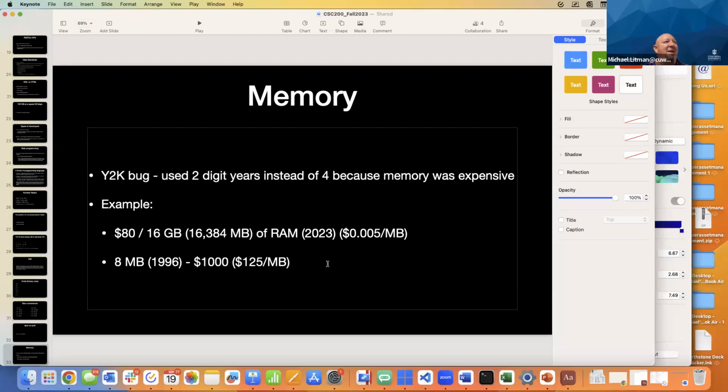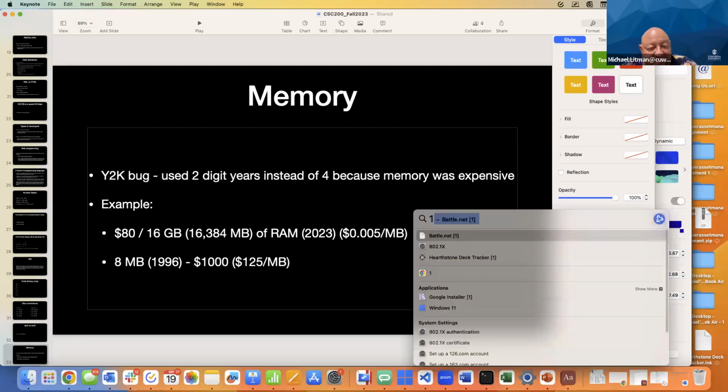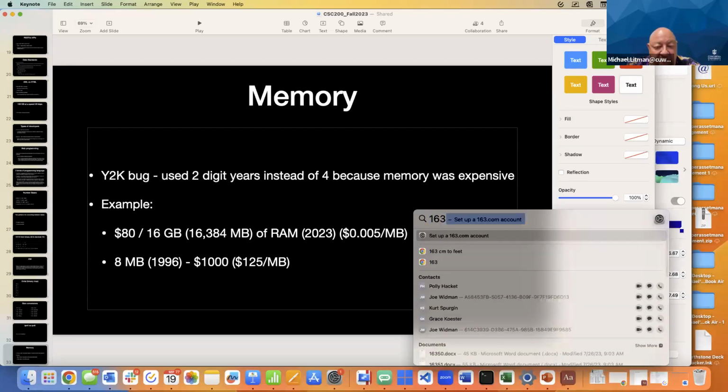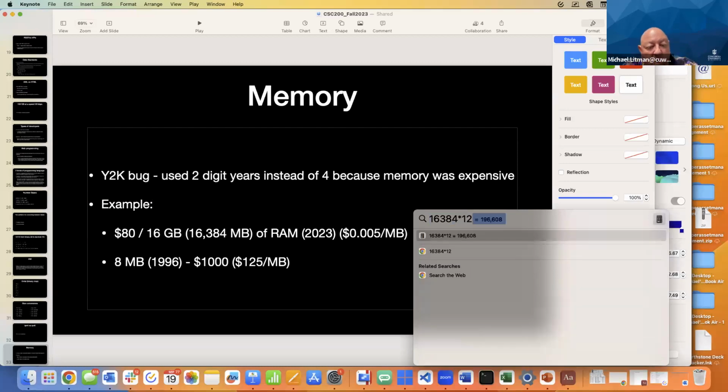Does the whole Y2K problem kind of make some more sense now? We had less memory total anyways. We hadn't come up with the manufacturing ability to create as much memory. Not that anybody could afford it, right? If we go off of the standard back then, 16,384 times 125 is $2 million.